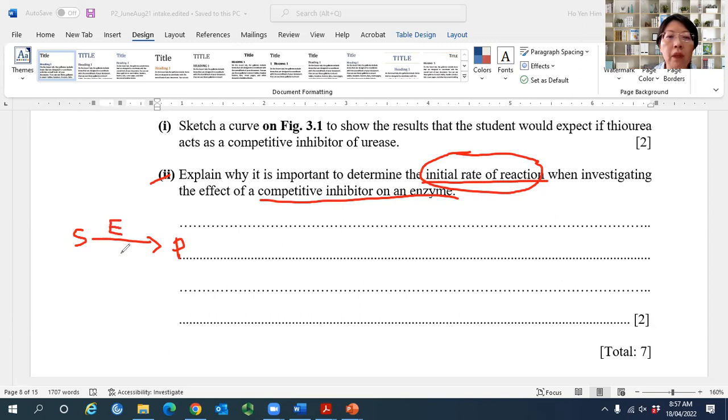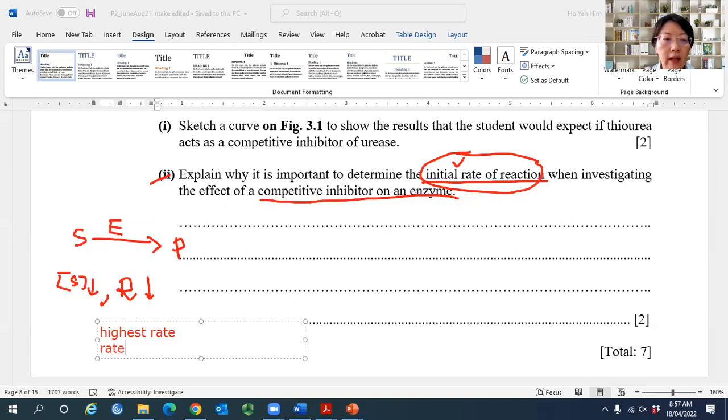Once the reaction starts, your substrate concentration will drop already. When the substrate concentration drops, the rate of reaction will also drop. So you want to measure the initial rate because the initial rate is the highest rate.